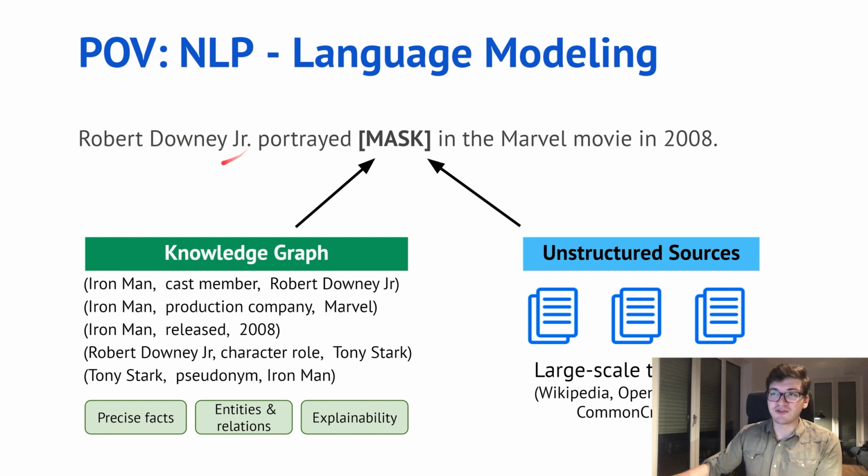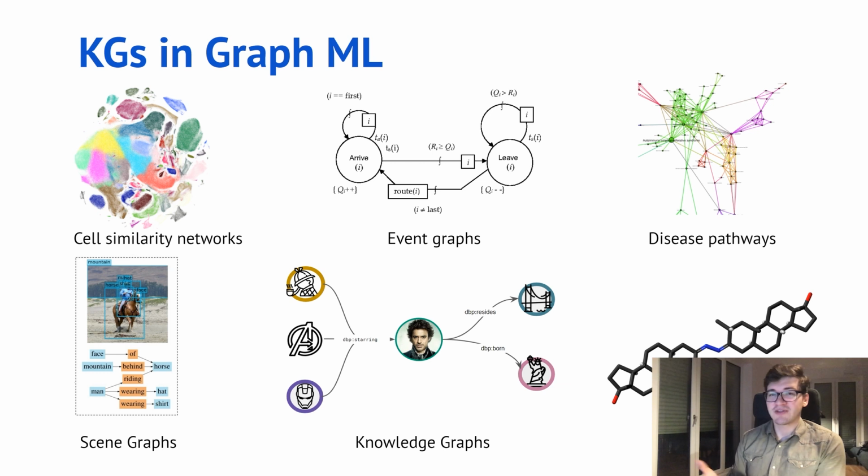And here, Robert Downey Jr. portrayed Tony Stark. It can be inferred from the graph in addition to unstructured sources. And fusion of the graphs and unstructured sources is one of the 2020, or even 2021 topics, in KGs and NLP. So then let's move to GraphML.